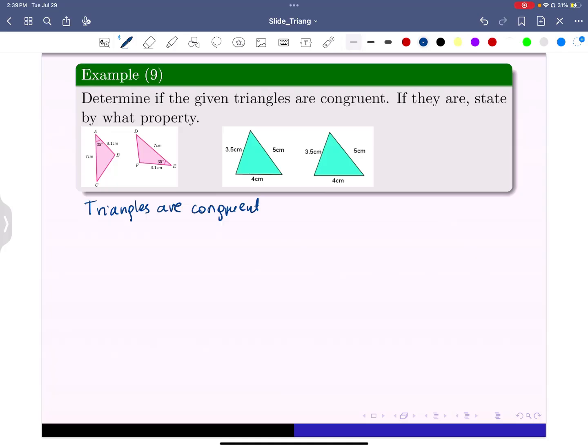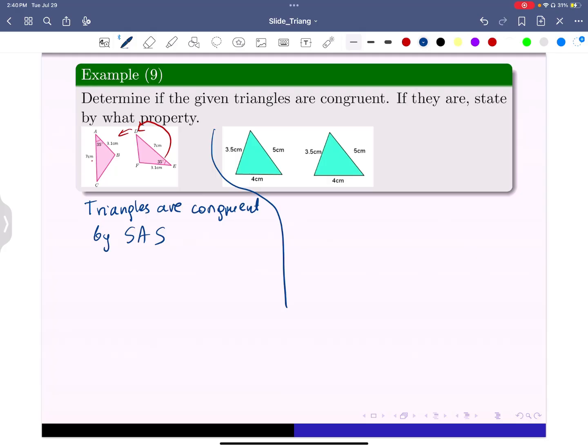That means exactly the same, except these two are rotated. If you rotate this triangle this way, you would get exactly this triangle right there. So by what property? We have side, angle, side. So that would be by the side, angle, side property.